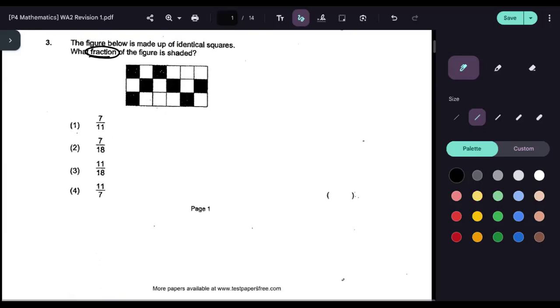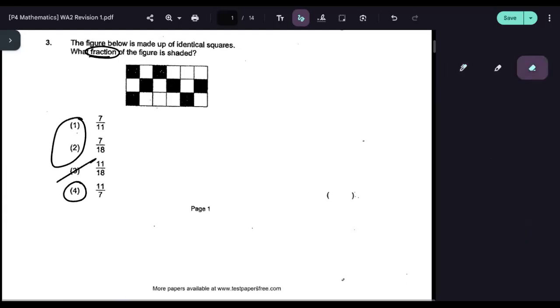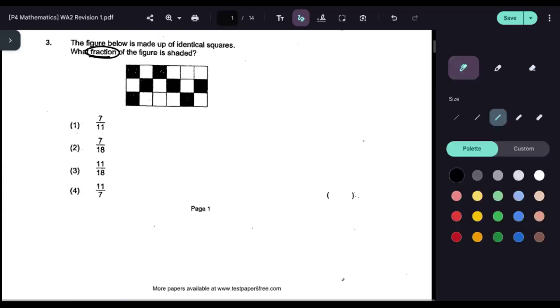Okay, fine, 7. But you see 7, I have 2 options and 1 option here. This one is confirm correct? But I have 3 options which are 7. That's why it's important to see the keyword which is fraction.